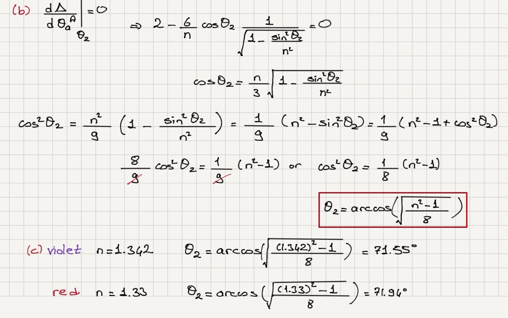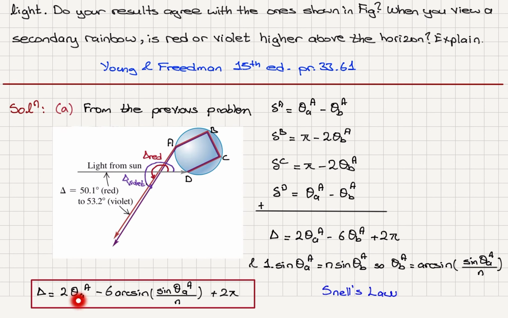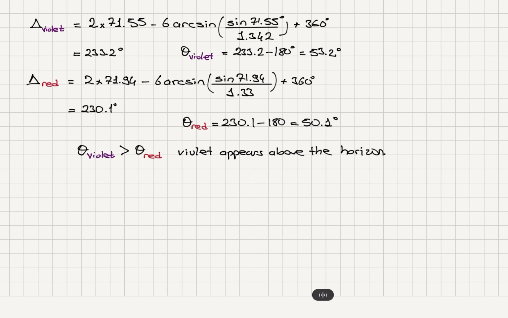Now, if I take the derivative of the total angular deflection with respect to the angle of incidence and set it equal to 0 at a critical angle theta 2, I find that theta 2 must be arc cosine of the square root of (n squared minus 1) over 8. And if I use the index of refraction for violet and red and evaluate that critical angle, I find the angle of incidence to be 71.55 and 71.94, which I can substitute into this result to get the total angular deflection for violet and red.